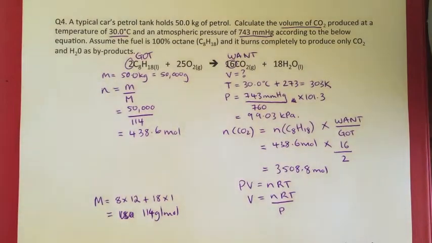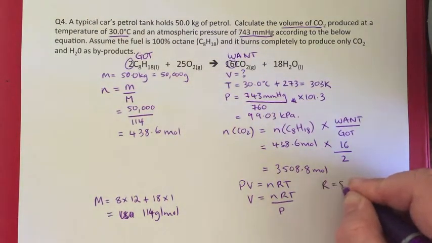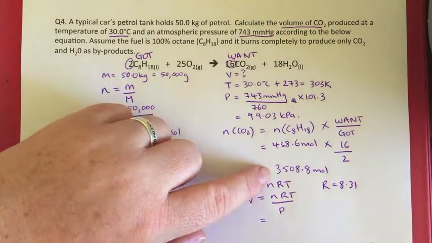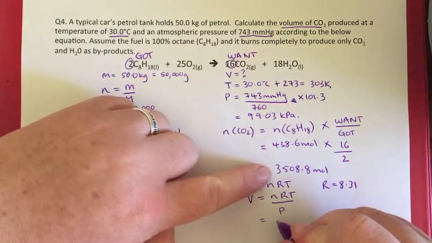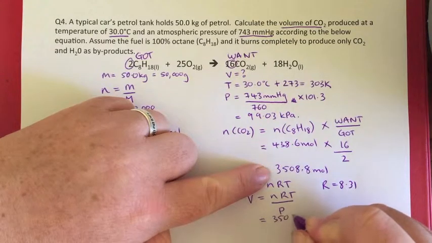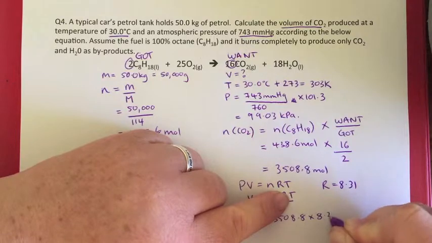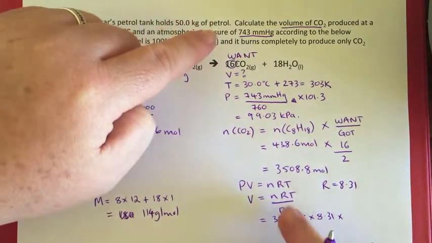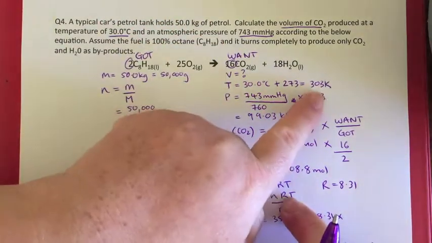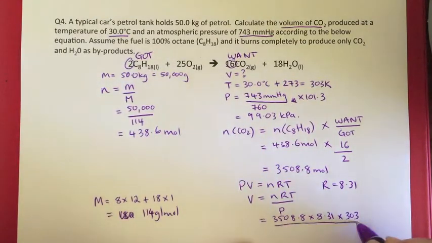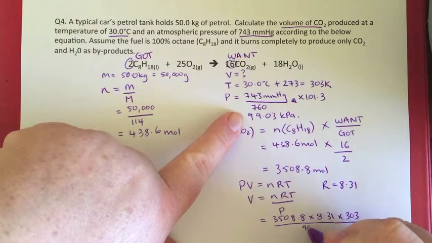So we've got R already, 8.31. Let's put all our numbers into our equation. n, 3508.8 times R, which is 8.31, times T, 303, divided by our P, 99.03.